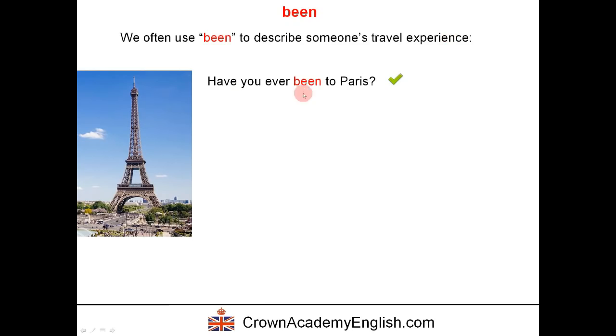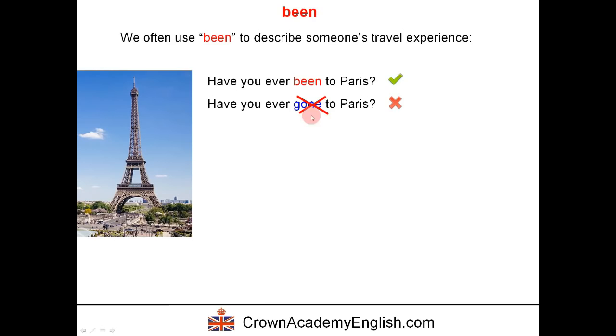So we only use been for this. But gone, for this use, is wrong. Have you ever gone to Paris? No, we don't say this. This is a very, very common mistake by English learners.